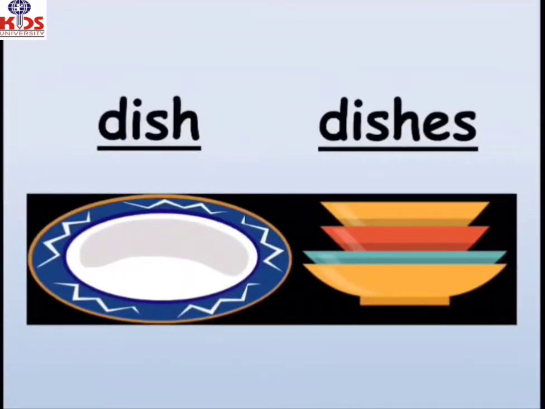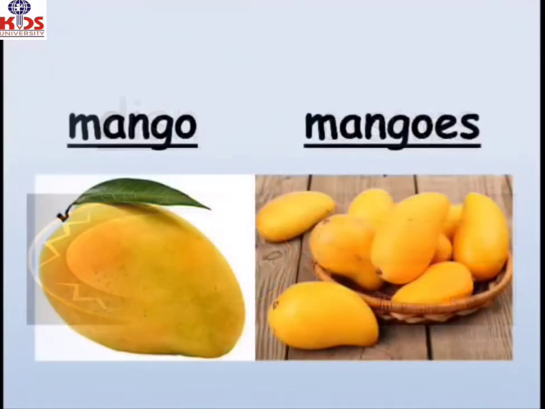Dish ends with sh is a singular form and its plural form is dishes. In the same way, the plural form of mango is mangoes.